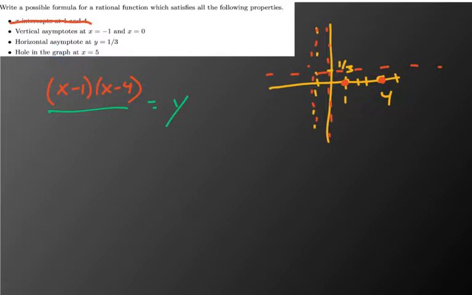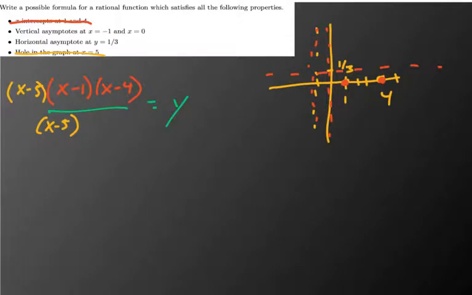This is pretty straightforward, right? If you have holes in a graph, those are the ones where you have a factor on top and bottom that would cancel out at that point. So it cancels out everywhere, I should say, but at 5 it gives you specifically an undefined spot.